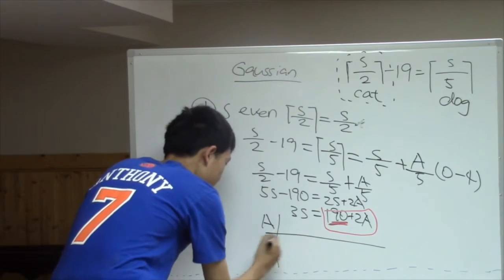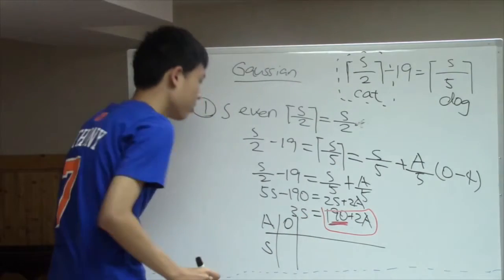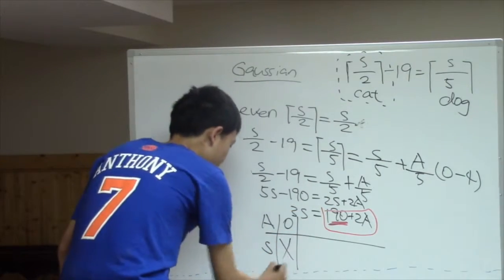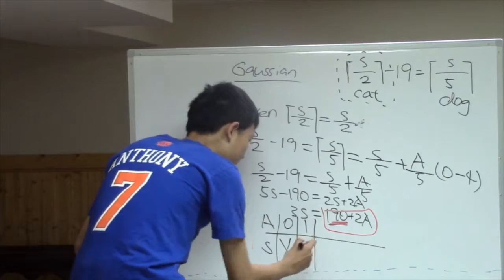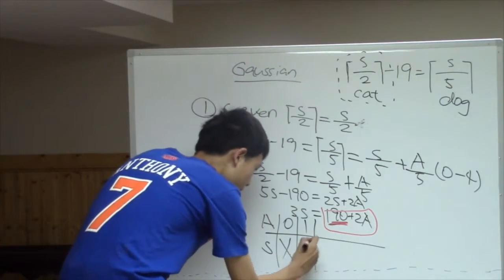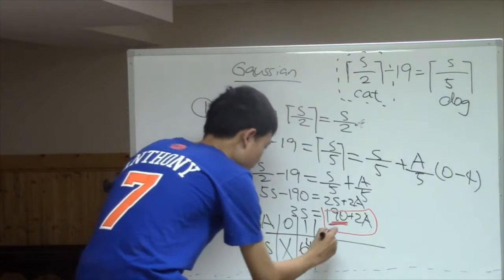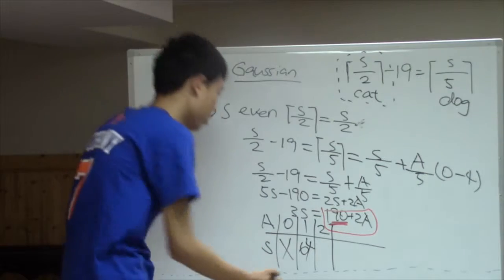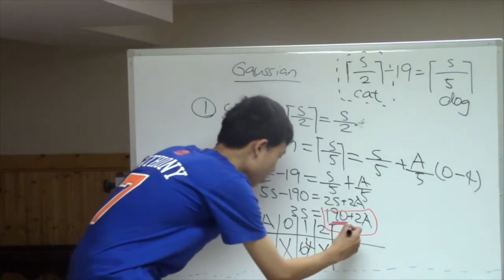So let's make a chart, A and S. When A is 0, 190, apparently not, so S is not an integer. When A is 1, 192 divided by 3, we get 64. That's one answer. If A is 2, 194, no, S is not an integer.